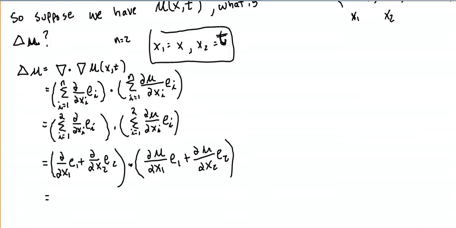Dot product multiplies and adds together corresponding coefficients of the components of the vector in the same direction. So I'm going to take this and multiply them together. I get d dx 1 times du dx 1 in the e sub 1 direction, and I'm going to add that to what I get by multiplying this and this together in the e sub 2 direction.